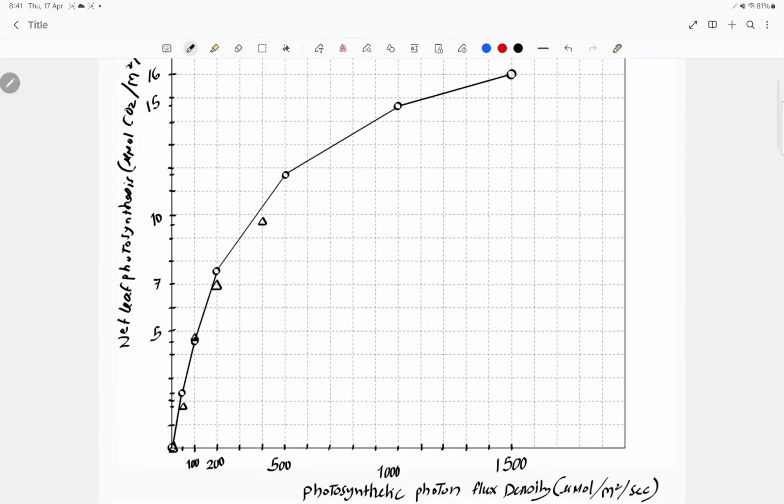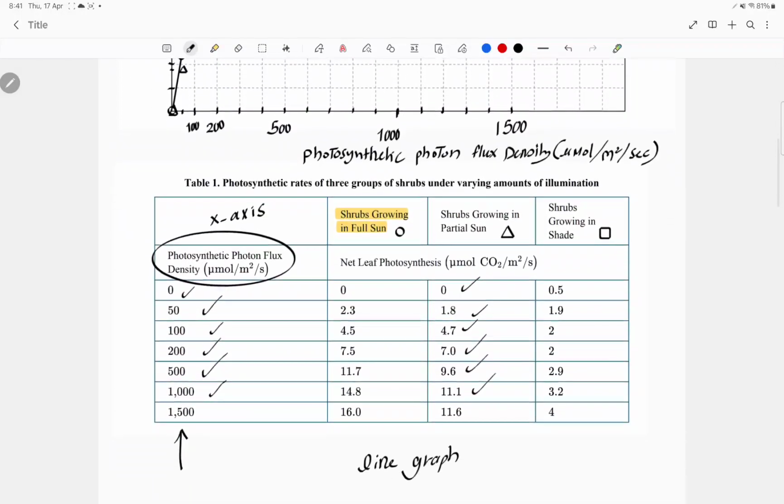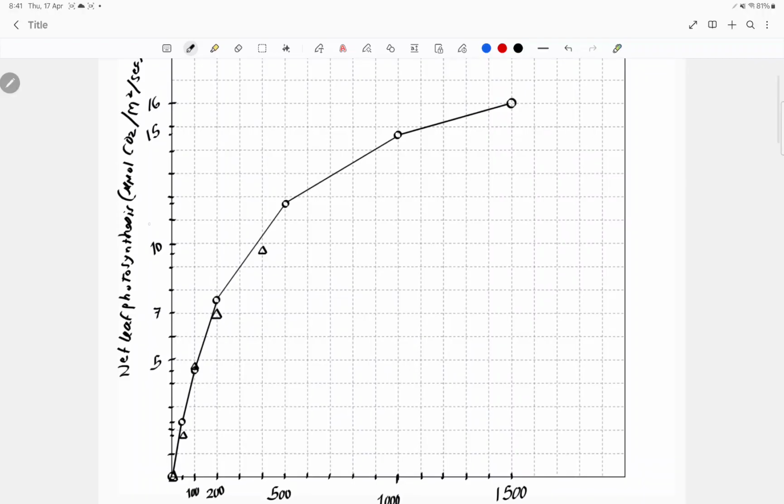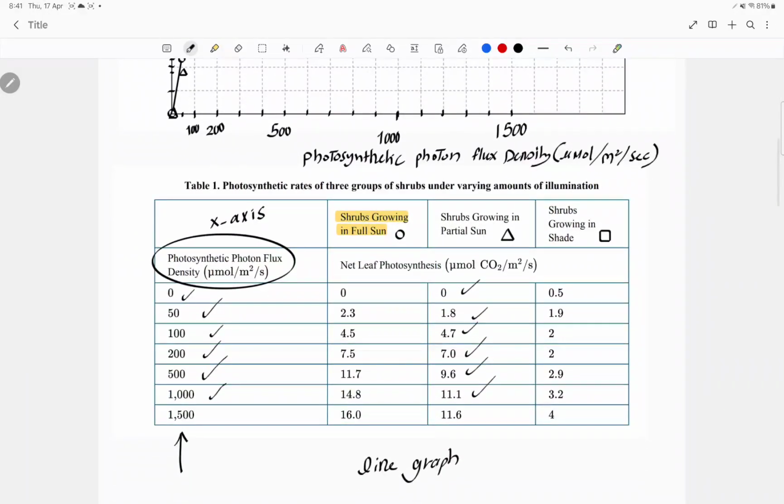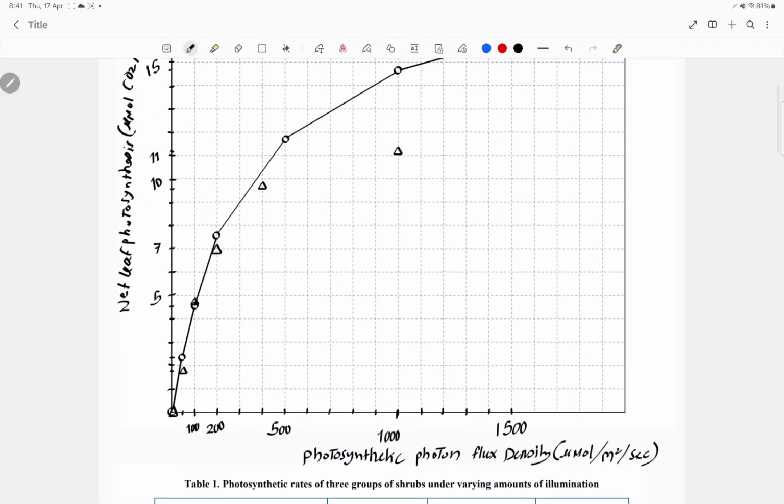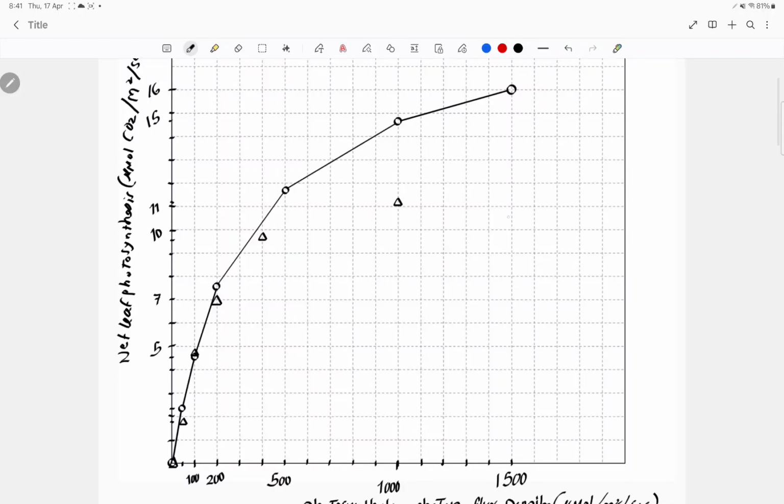So that'll be here. So a triangle right here. Now we're going to have 1,511.6. That would be here. And now connect them all with lines.